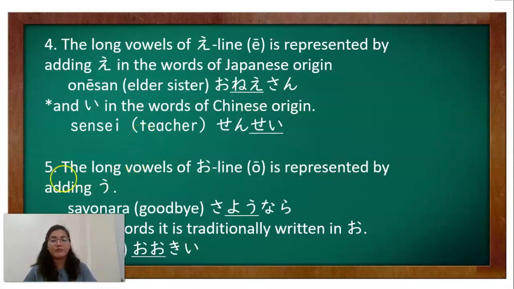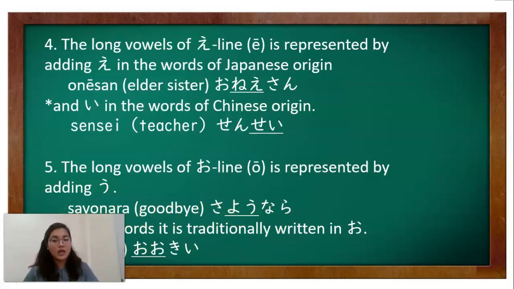Number 5, the long vowels of the O line. O is represented by adding u. Again, the long vowel of the O line is represented by adding u. For example, sayounara.